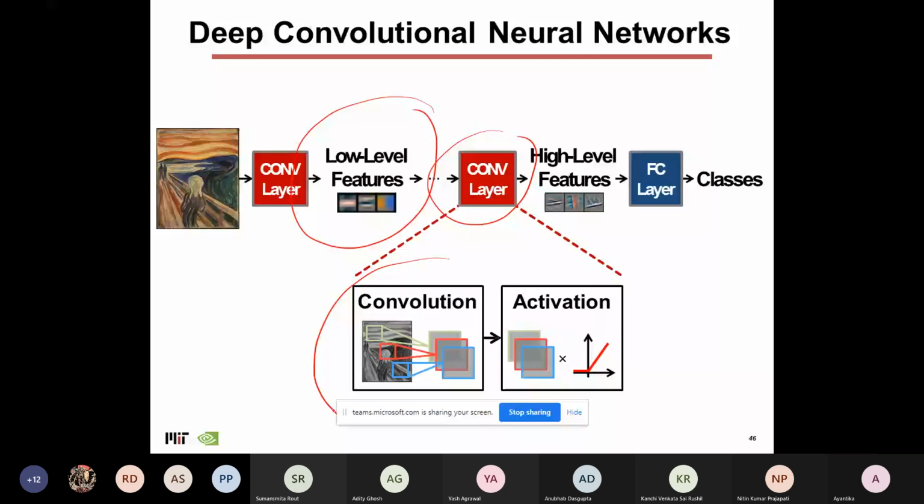Then you have done pooling for handling added requirements like rotation, like shifting, and that way you have done some dimensional reduction also. And after that you are applying the activation function.